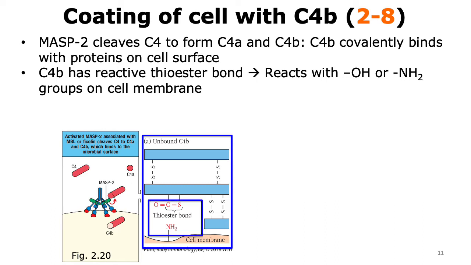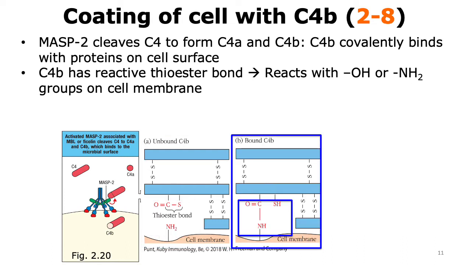This thioester bond can react with hydroxyl or amino groups that are present on the cell membrane of that pathogen. Due to this reaction, a covalent bond is formed between that thioester and the hydroxyl or amino group. And this is what allows C4b to covalently bind to the surface of the cell.